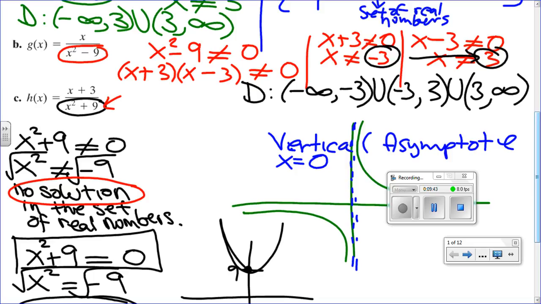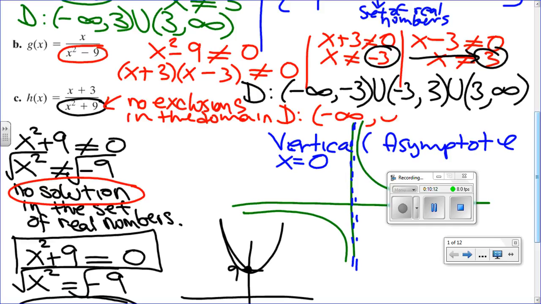Can you find a number that will make that equal to 0 ever? Think about 3 squared, it's positive 9. Negative 3 squared is still positive 9. So nothing will make that equal to 0. So because of that, there are no exclusions in the domain. So then the domain will still be all real numbers for part C only.